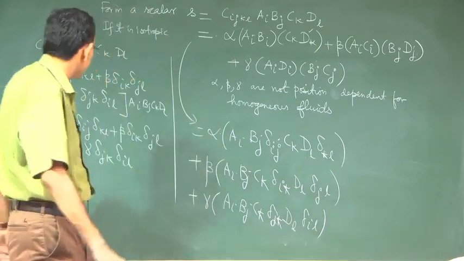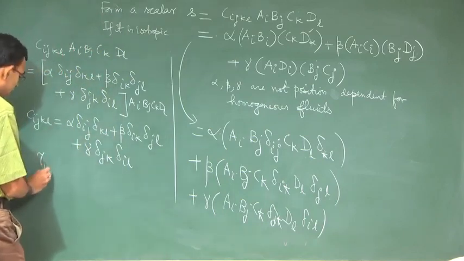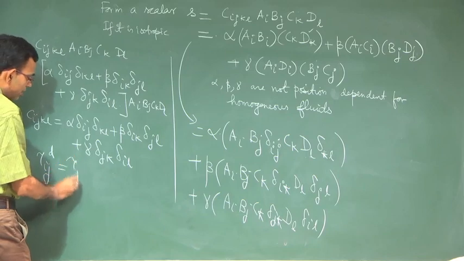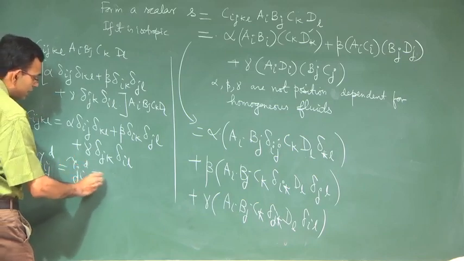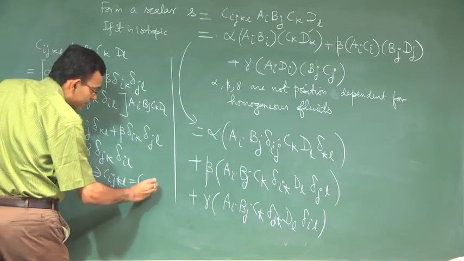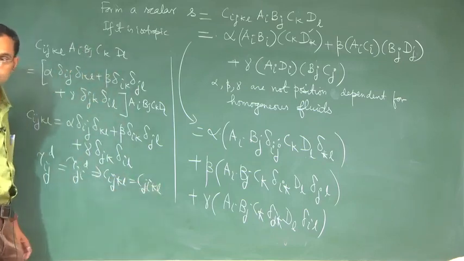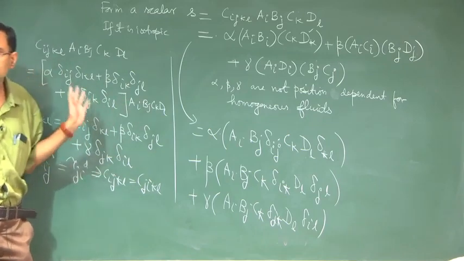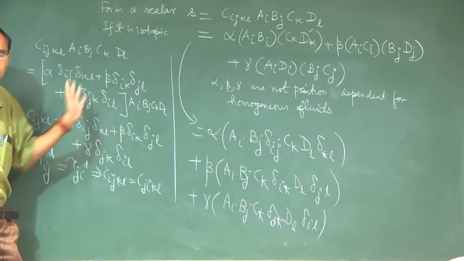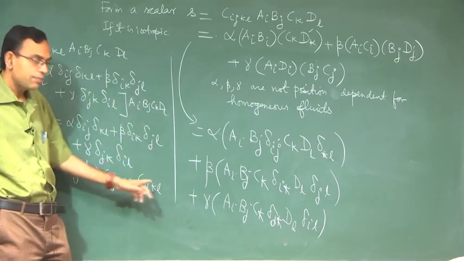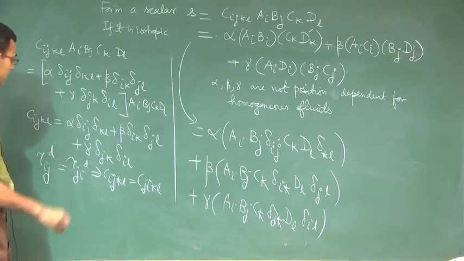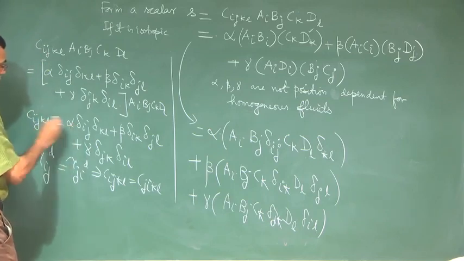So, tau ij deviatoric, I am writing in short d, is equal to tau ji deviatoric. That means Cijkl will be same as Cjikl, because tau ij deviatoric is Cijkl ekl. Tau ji deviatoric could be Cjikl ekl. So, Cijkl must be equal to Cjikl. So, that means you just swap i and j here.